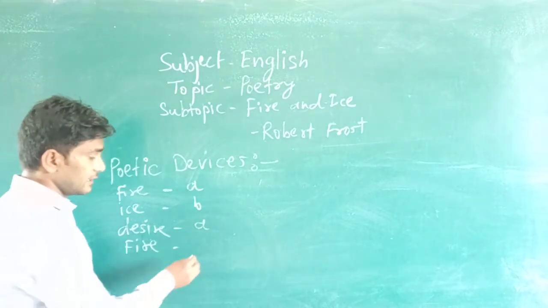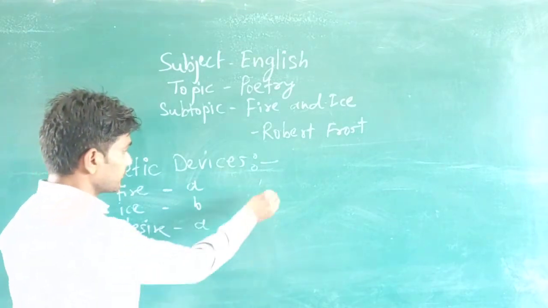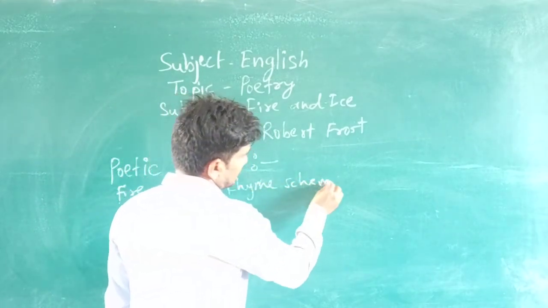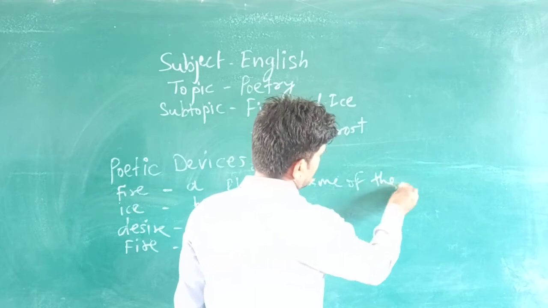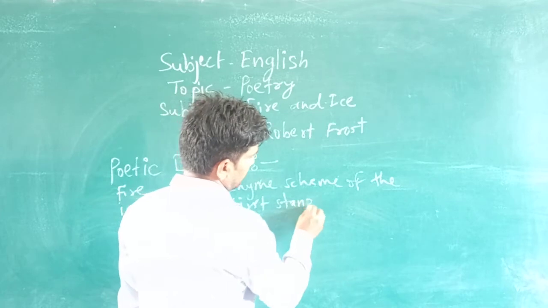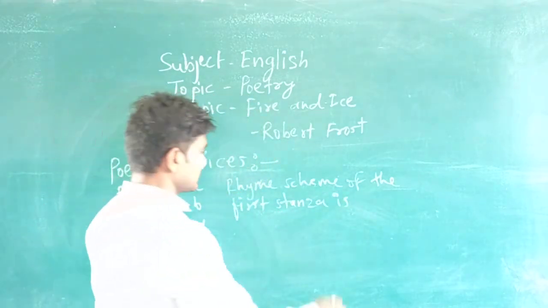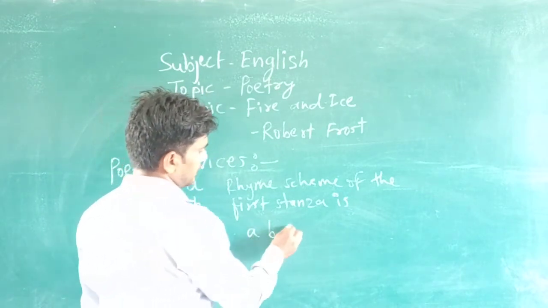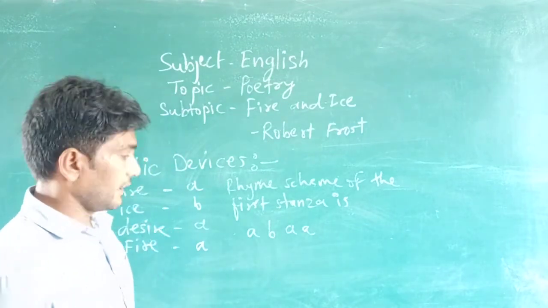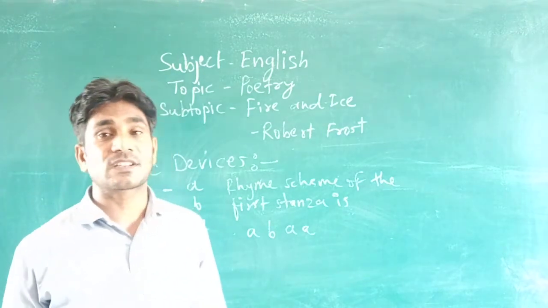Then again fire, alphabet A. So what is the rhyme scheme of the first stanza? The rhyme scheme of the first stanza is A B A A. This is the rhyme scheme of the first stanza.